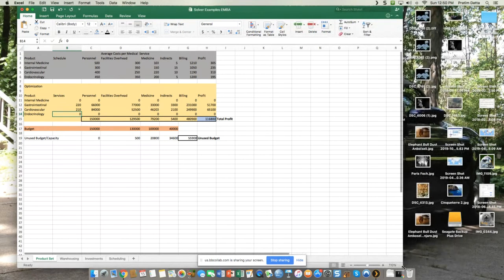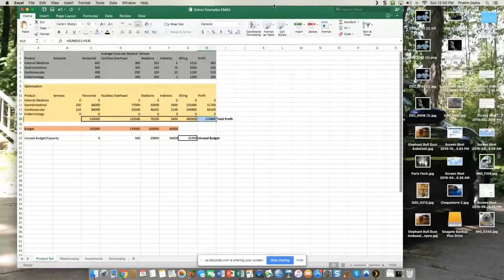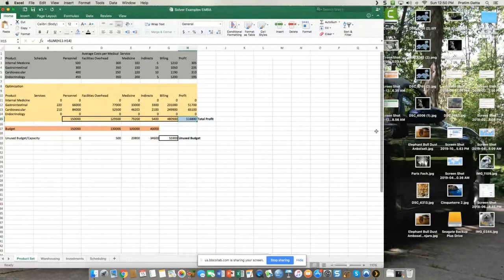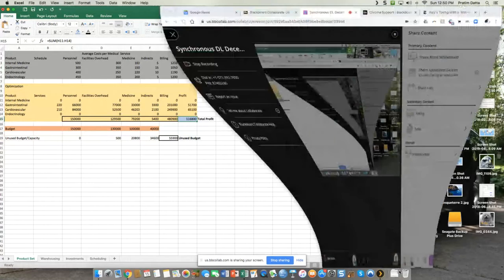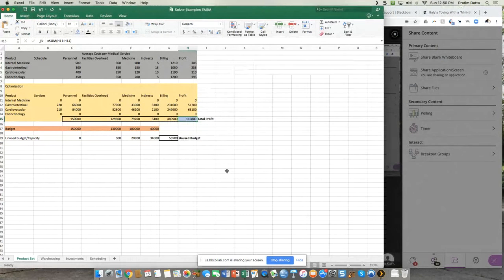If you do that, then you're going to have 116,800 in profits, and you'll have $55,900 left over in unused budgets. And that is very interesting, right? Because we see there's so much budget left for indirect, so much budget left for medicine, very little budget left over for facilities, and zero budget left for personnel. So using up your personnel budget.